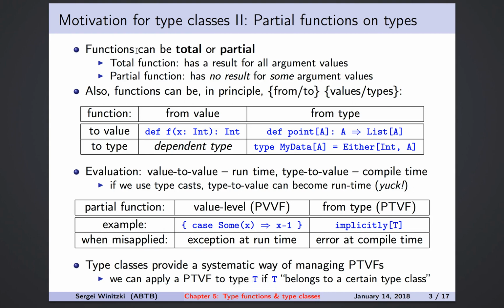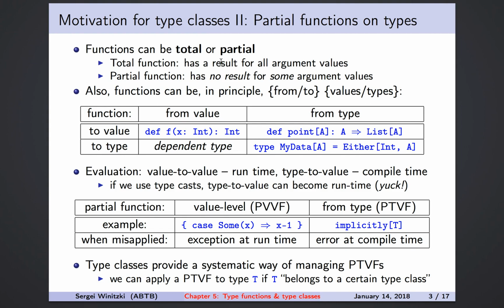Generally, functions can be total or partial. A total function always has a result for any argument value. A partial function sometimes has no result. For some argument values it does have a result, for others it does not. An example of a total function would be an integer function taking an integer argument, returning that integer multiplied by 3.